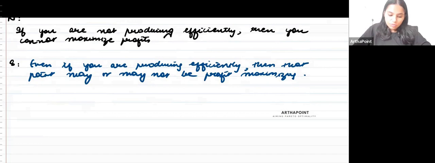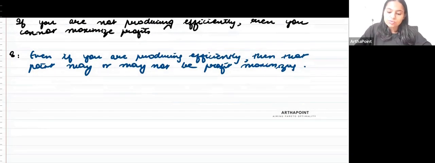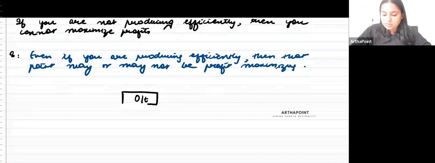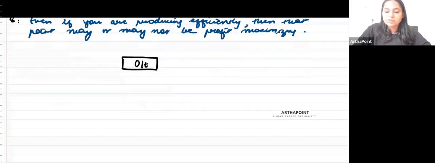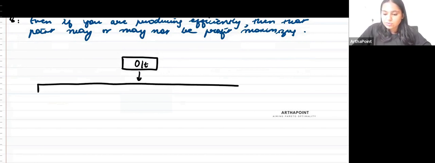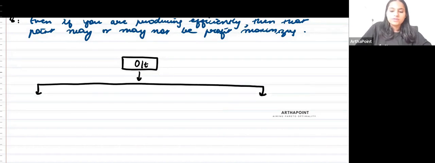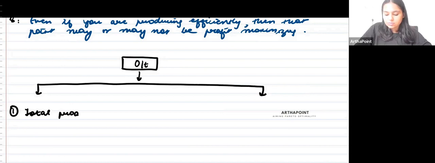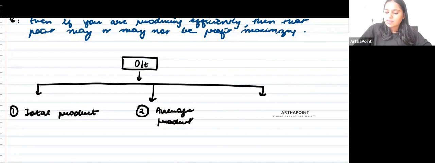Now, when we come to the output side, I just want to do three definitions before I end. There are three definitions that we would like to know. The first is total product, the second is average product, and the third is marginal product.